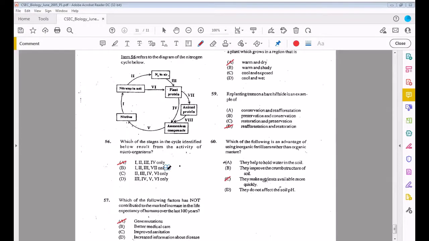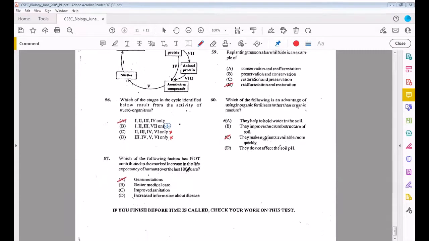So we could put an X here. What else? This one, nitrates in the soil to plant protein. The plant is just absorbing that. So any answer with that we know is wrong as well. So you cross off that. So you could also do this by the method of elimination if you're not sure about the answer.